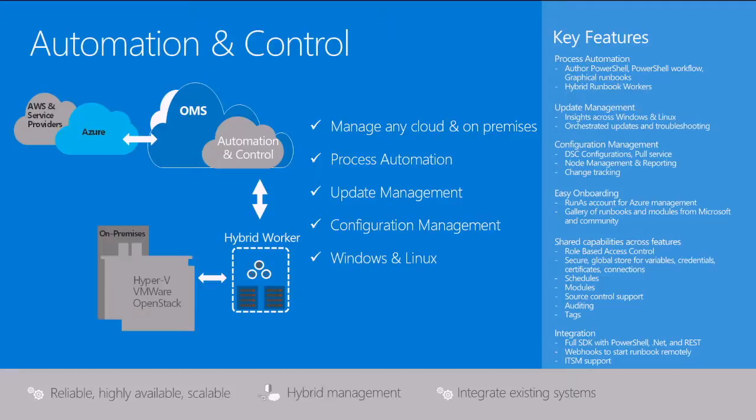Process automation is about orchestrating and integrating all of your different management tools to get this visibility and control over your hybrid environment. So with that, we're talking about authoring different types of PowerShell runbooks, such as PowerShell textual, PowerShell workflow, and PowerShell graphical runbooks, as well as hybrid runbook workers, which allow you to run your Azure Automation runbooks on your local machine.